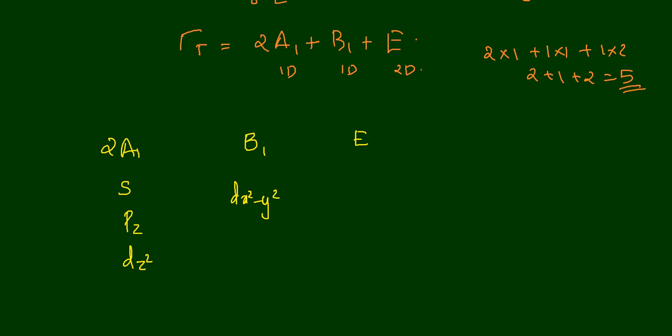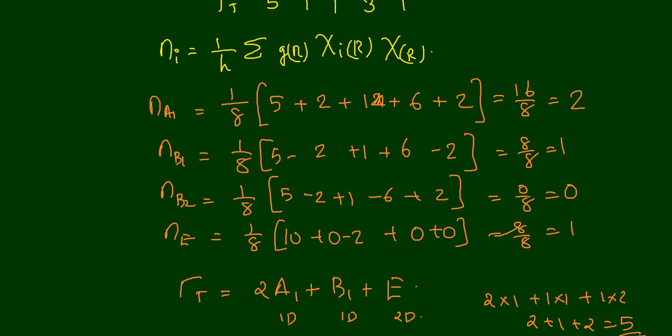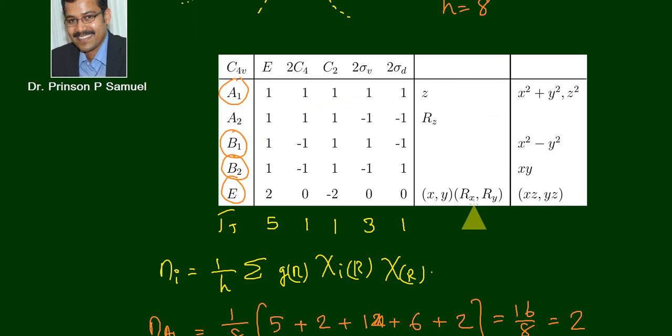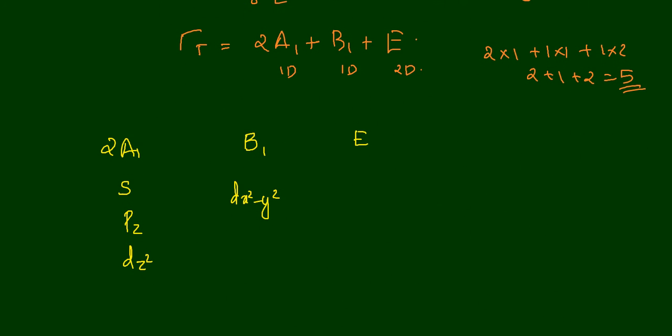And what about e? From e you will get the doubly degenerate sets, right? What are these doubly degenerate sets available from e? That is px py is a doubly degenerate set, and dxz dyz, these are also a doubly degenerate set. So we have to have that also.